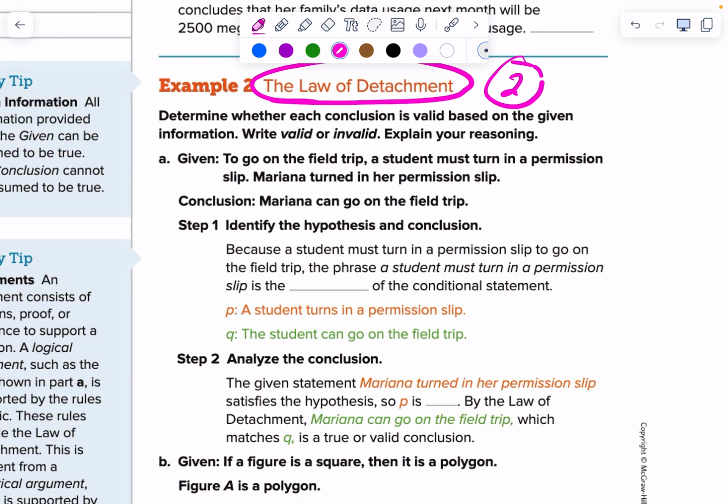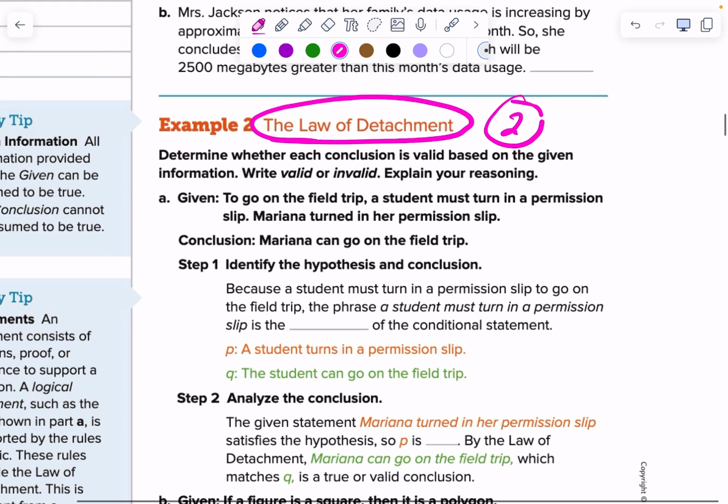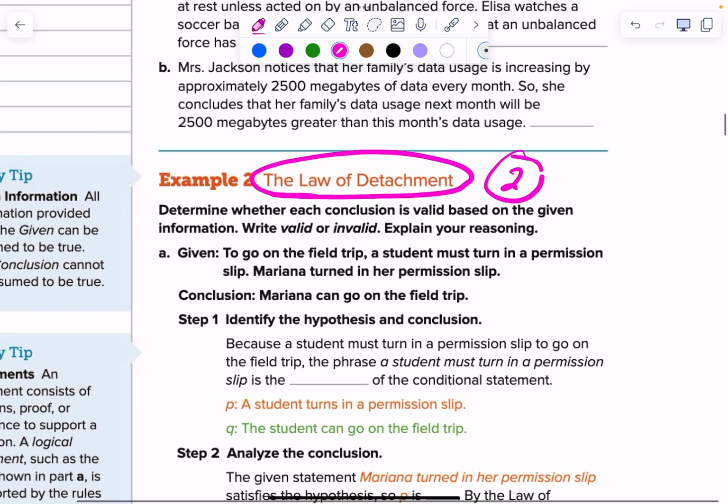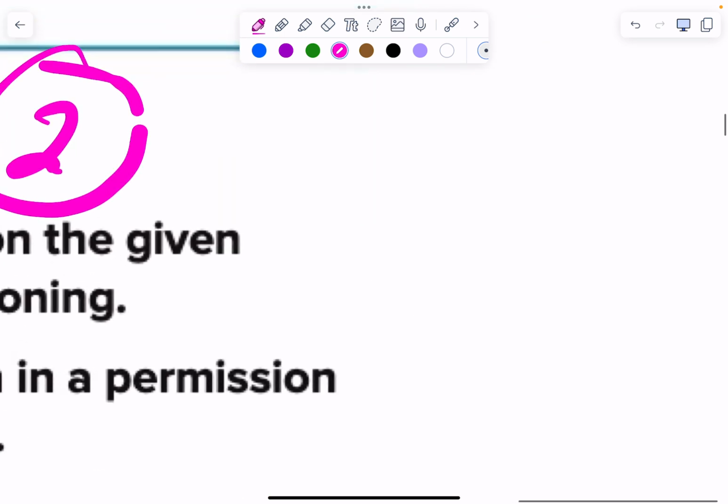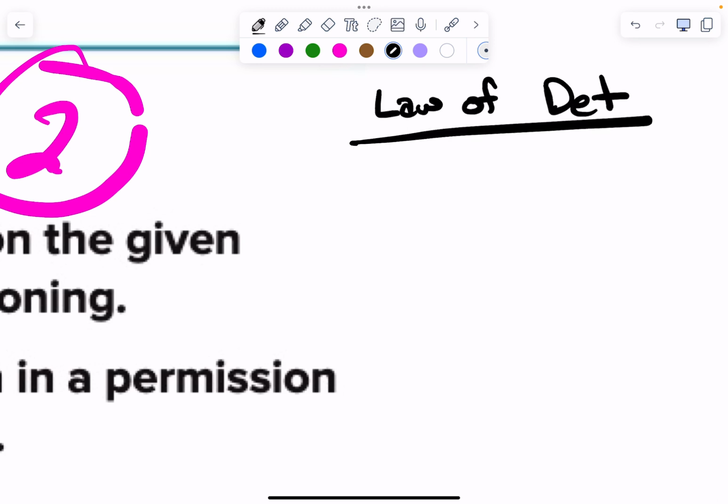Law of detachment. That sounds important. It's like something is being detached from something, right? Here's what the law of detachment says. There is a pattern for the law of detachment. Put this off to the side. Law of detachment. Here's how it goes.